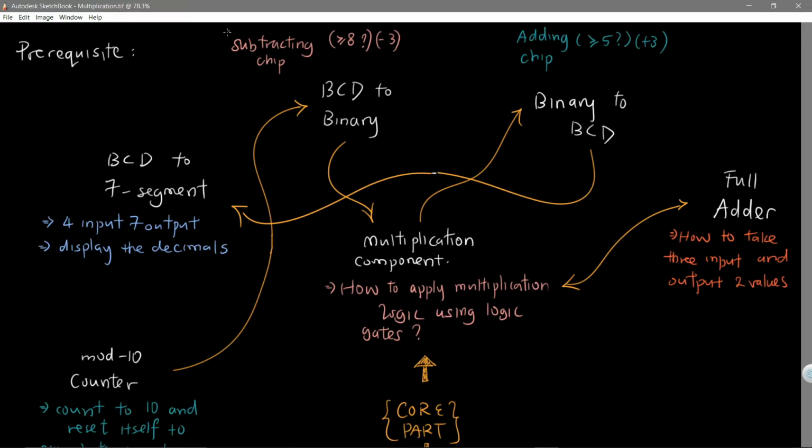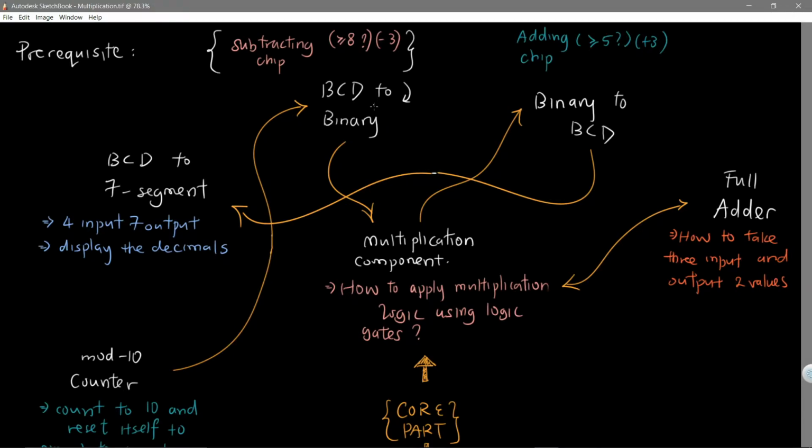You can call it any other name you want. So it's just a simple module of logic gates that is frequently used in this binary to BCD, BCD to binary module. So that's the most basic module used in the main circuit.